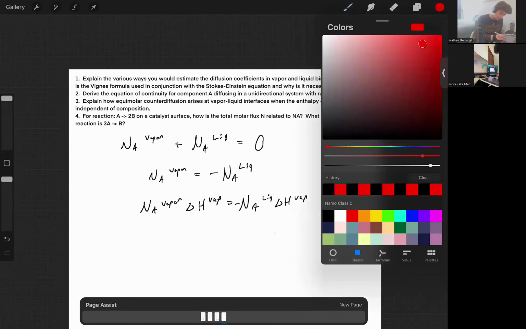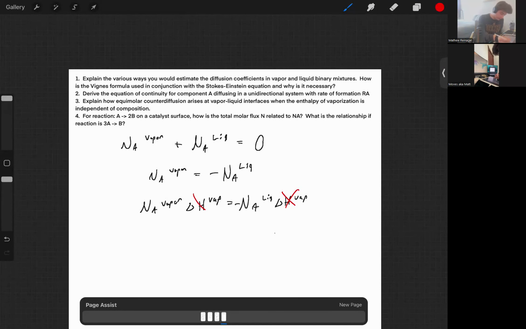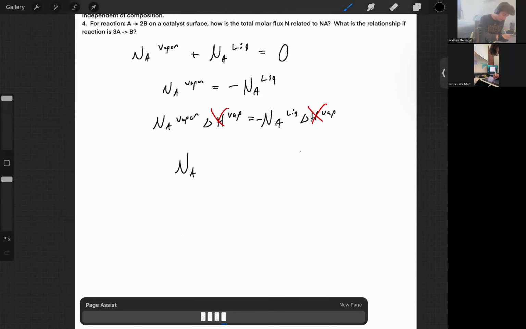So I can just cross these out, and we can see that the system is actually independent of that, and that our molar flux of vapor equals our negative molar flux of A liquid.